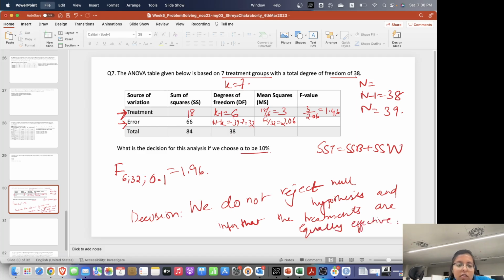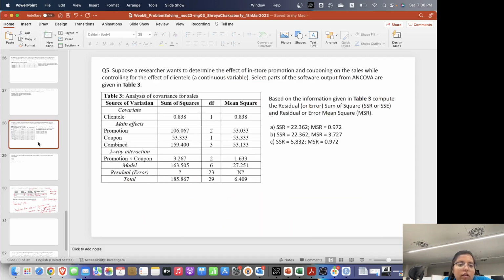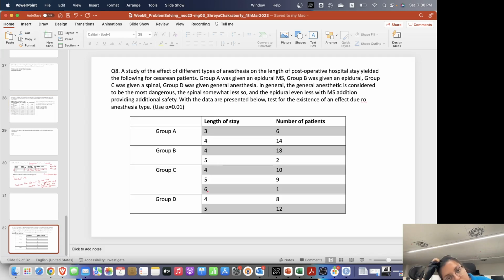Okay, I hope this is fine. Another variant of the same kind of sum is this one. If you study the problem carefully, how many groups are there?